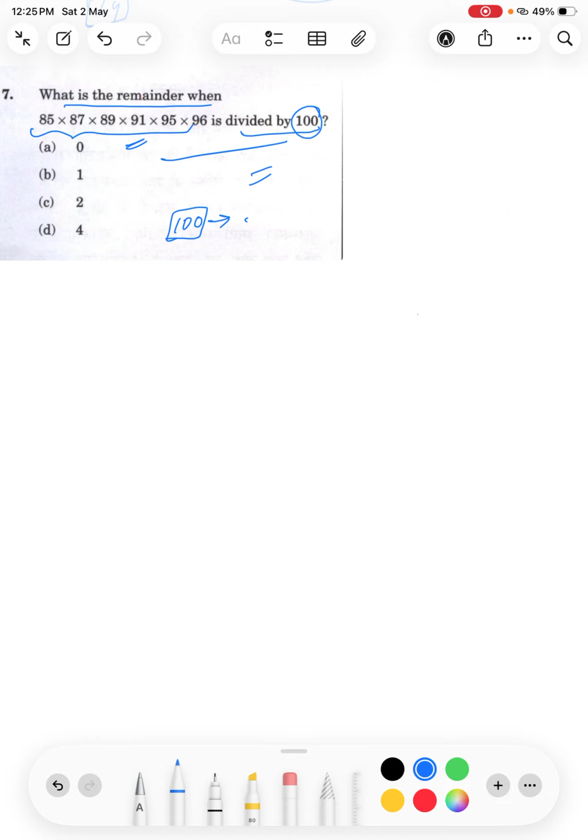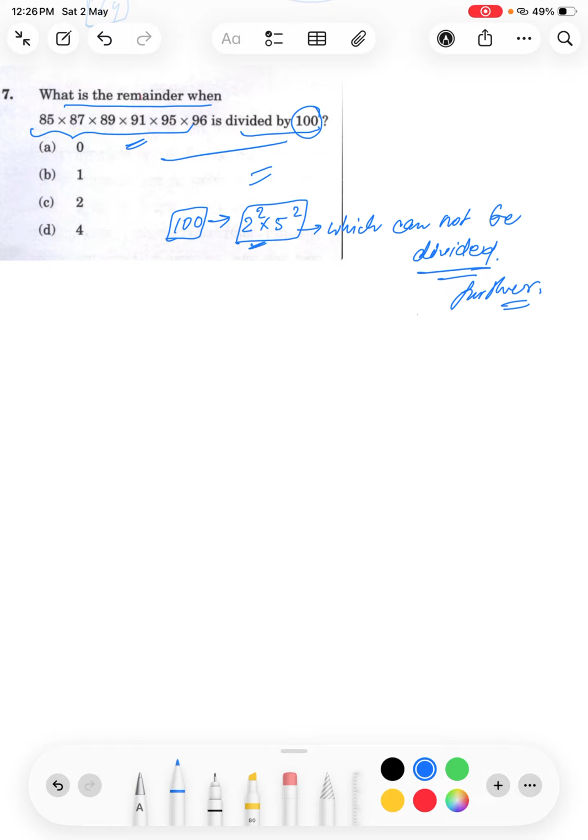Because you then are able to see this number in the form of multiplication of numbers which cannot be divided further. 2 cannot be divided further, 5 cannot be divided further, right?